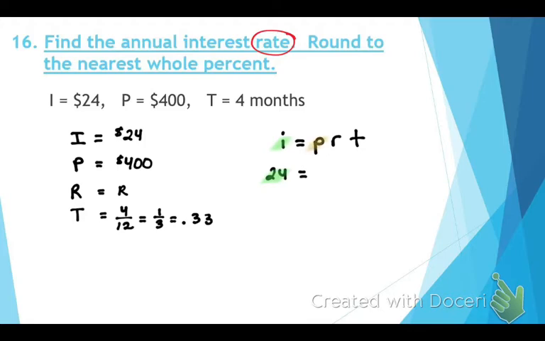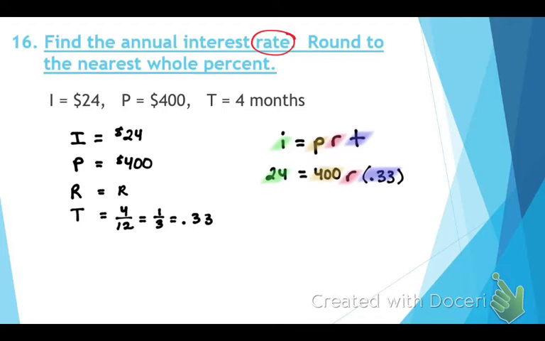So instead of a P, we're going to put in $400. Jace, do we know our R? No, because we don't know it. We're just simply going to keep that as an R. Finally, Madison, do we know our T? What is it? Okay, 0.33. So instead of a T right there, we're going to multiply times 0.33.